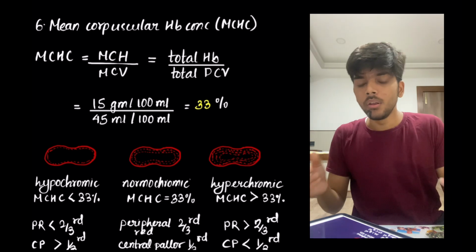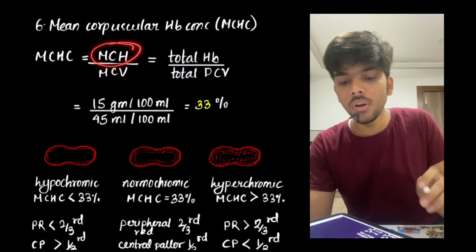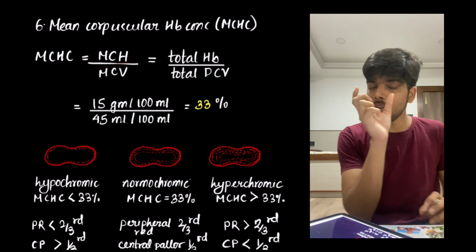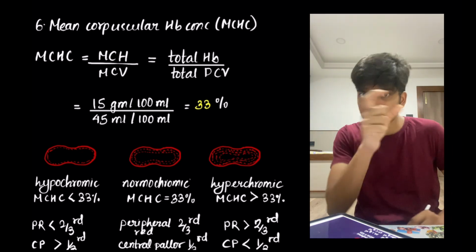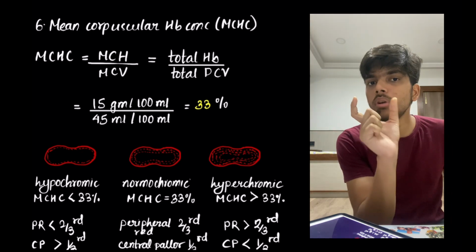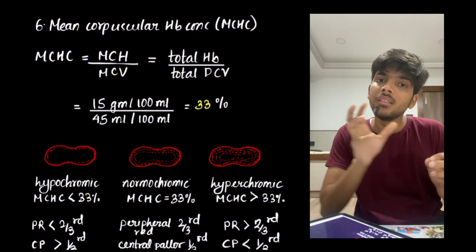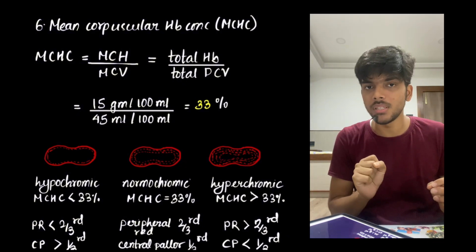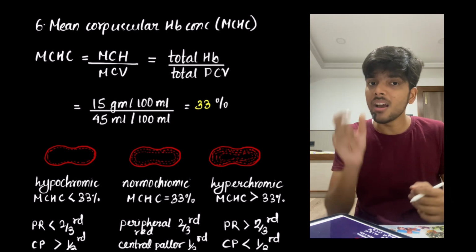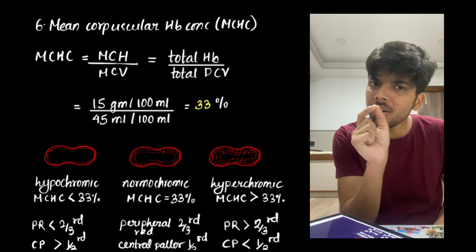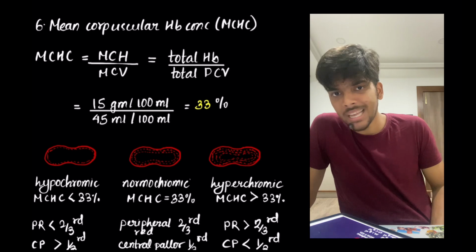What do you do? You take the mean corpuscular hemoglobin, that is in one single RBC. You take out one single RBC, the amount of hemoglobin present in this one single RBC divided by the volume of that one single RBC. Obviously, you are going to get the amount of hemoglobin present per unit volume of that RBC, right?